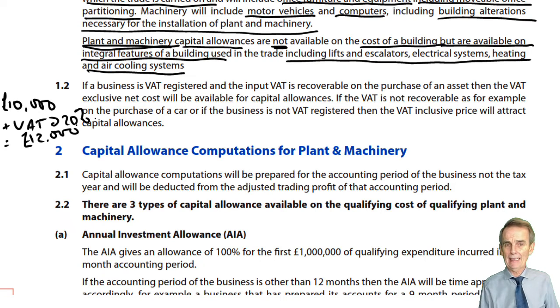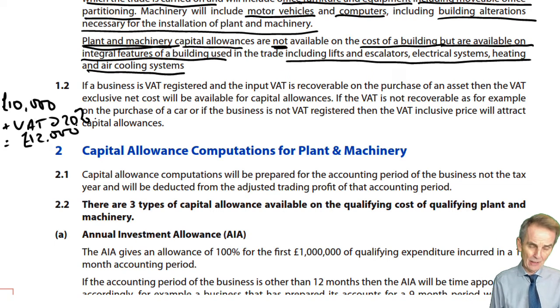We'll sort that in this next note in a moment's time, but usually in exam questions, they don't mix up the different taxes. So you would just be given a cost figure for any item of plant or machinery that's been acquired, and VAT would not be mentioned. If, however, they bring VAT into it, then what do we do?